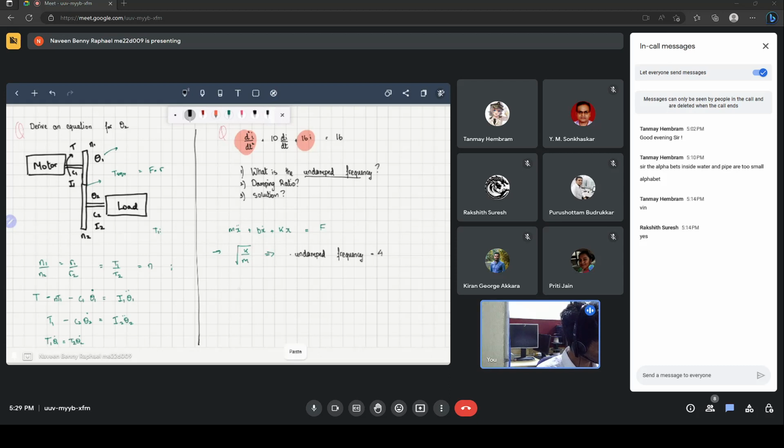The definition of damping ratio, which is this absolutely ugly variable zeta, is C by 2 root mk.